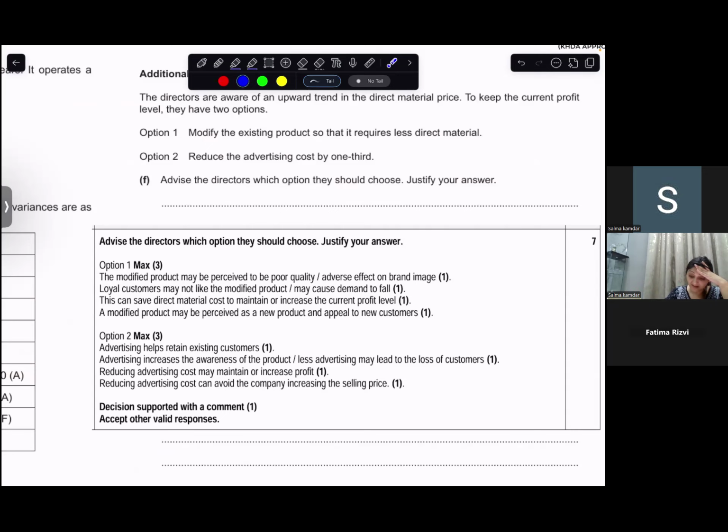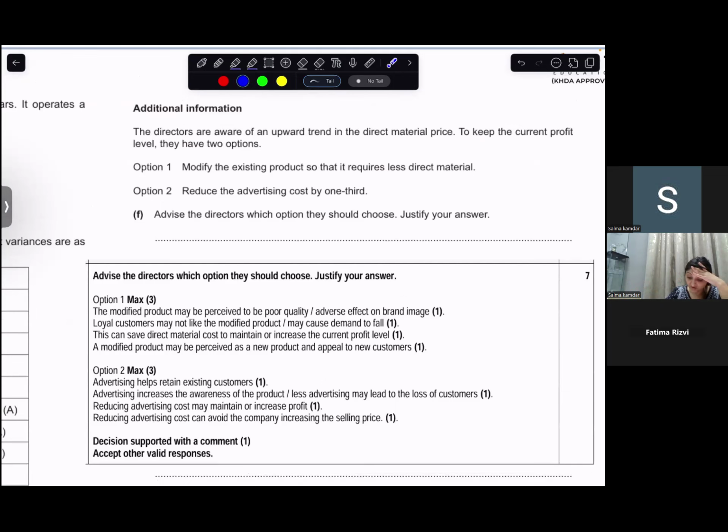And the disadvantage: option one is you're going to modify the product so that it requires less material, but because they're modifying it and using less direct material, the quality might be bad. So customers might not like it. Like the existing customers might not like it. And the current profit would still remain the same if you modify it.